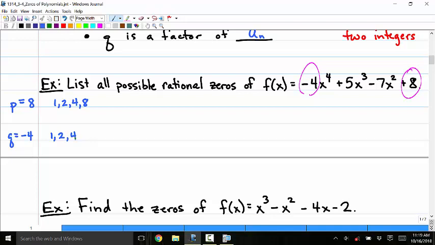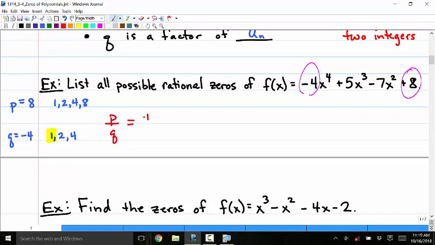So when we're listing all possible rational zeros, they have to be of the form P over Q. So I'm going to take all of my P values and put them over 1. Okay?